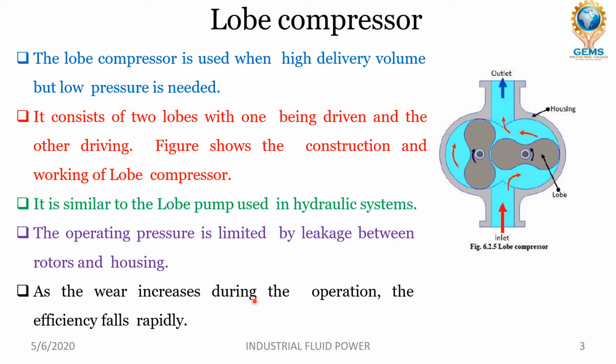As the wear increases during the operation, the efficiency falls rapidly, because in this pneumatic application we don't send any liquid. Purely we are sending air, so there is no lubrication. In oil application like in hydraulic system, oil itself can act as a lubricant, but here there is no lubrication, so wear happens, and as it goes on working, the efficiency falls rapidly.